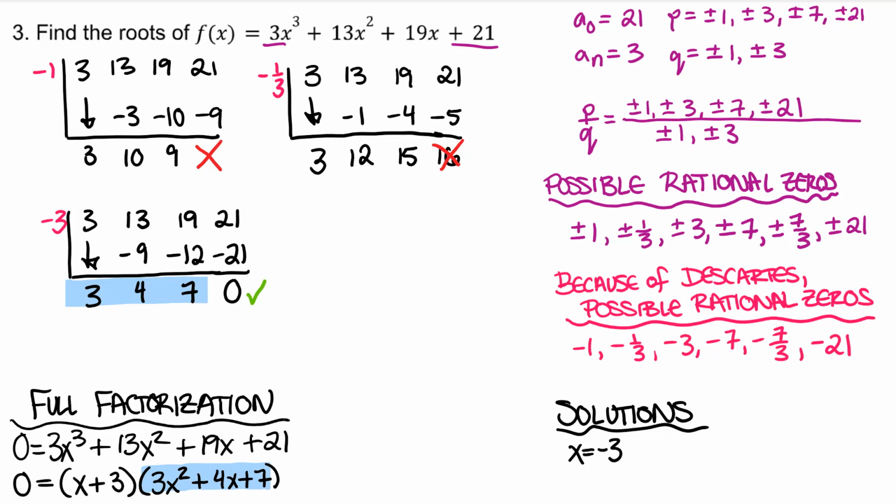To finish solving this problem, we need to solve this quadratic. Try factoring or use whatever method you prefer for solving quadratic equations. Because this is not actually factorable, I'm going to use the quadratic formula.